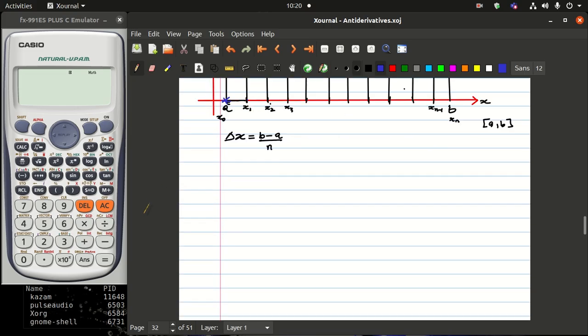And for that, if you are doing that, your area now is going to be the limit as n approaches infinity of R_n, which is just the same as the limit as n approaches infinity of the sum where i is running from 1 up to n, and here we're actually having f of x_(i-1) times delta x.